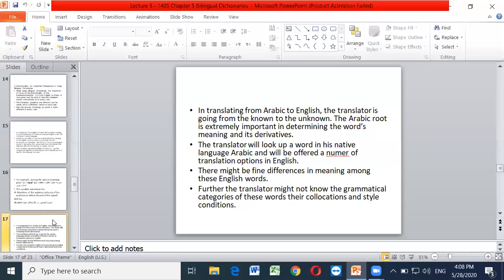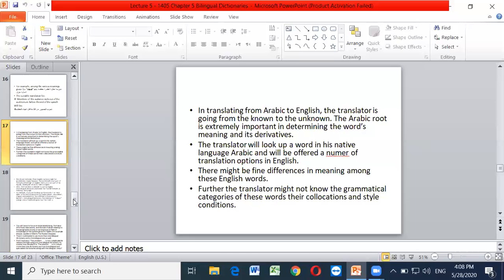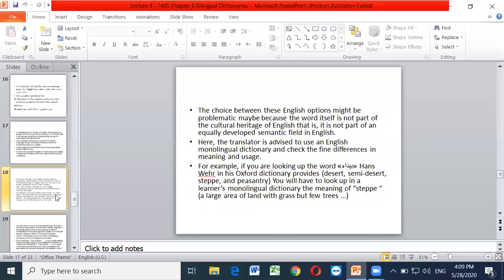Further, the translator might not know the grammatical categories of these words, their collocation, the style conditions, etc.